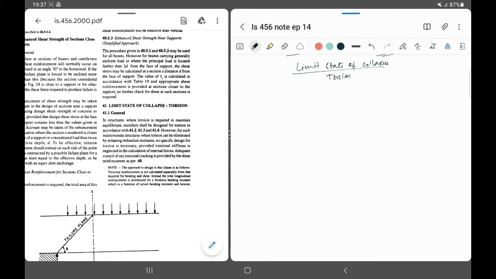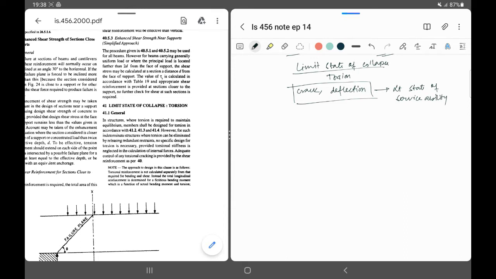Along with that we talk about the crack and deflection, which comes under limit state of serviceability. So without further delay, let's get started with the last video of the IS code.